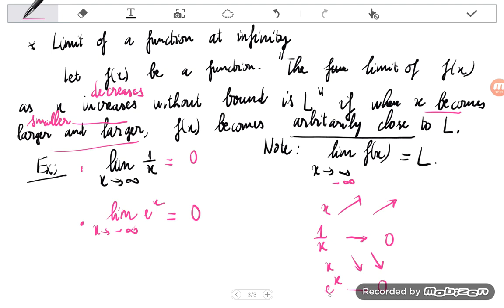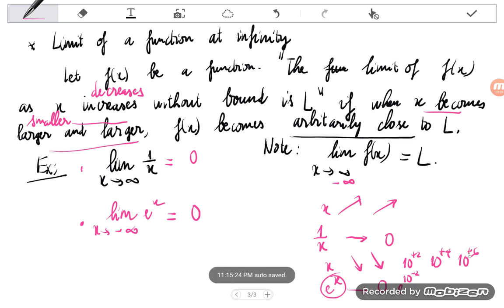You can use your calculator to check this again. Maybe you can give x some values. Maybe 10 to the power minus 2, 10 to the power minus 4, 10 to the power minus 6. Oh, sorry, it will decrease, not this.